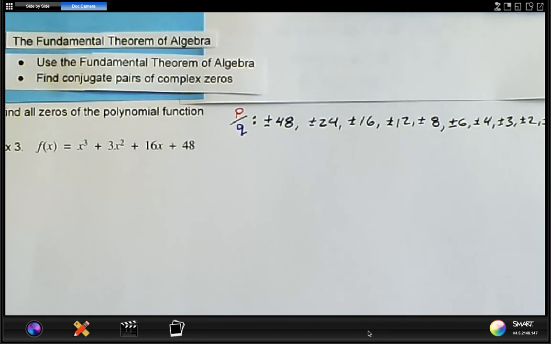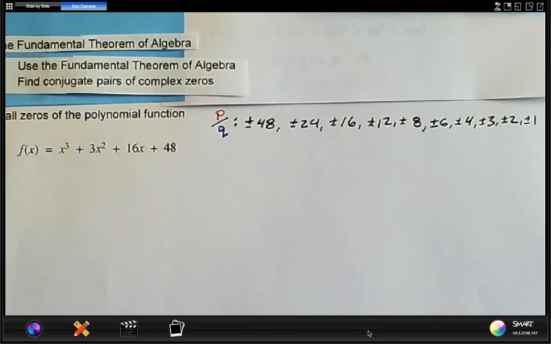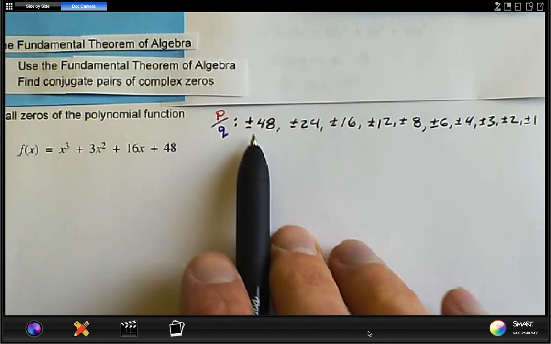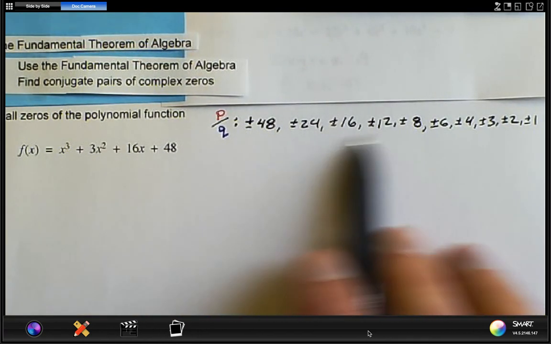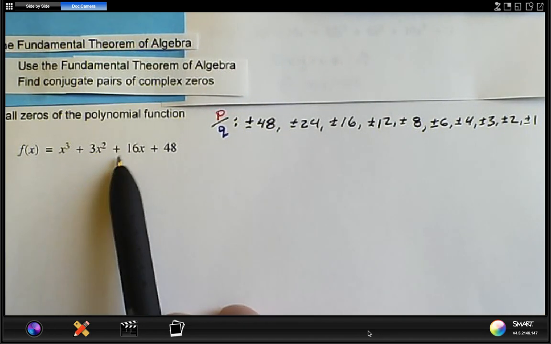So those are all of the possible factors. And so we have to pick one of these, or at least one of these, maybe more, will be a factor of the given polynomial.